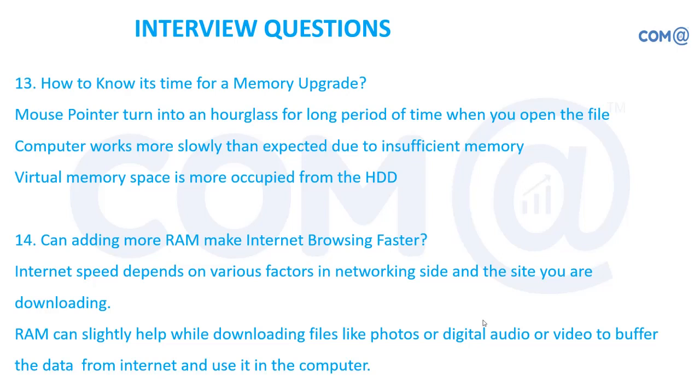Just now I showed you the task manager, where it says 50% of the memory is consumed. If I am seeing 80% or 90% consumed continuously whenever I'm running the computer, it is the right time for upgrading the memory. Otherwise, you have to stop using high-end applications. Either upgrade the memory and improve the performance of the system, or stop running the applications on the computer. Whichever is best, you can do it.